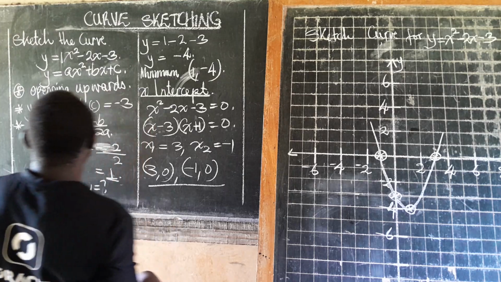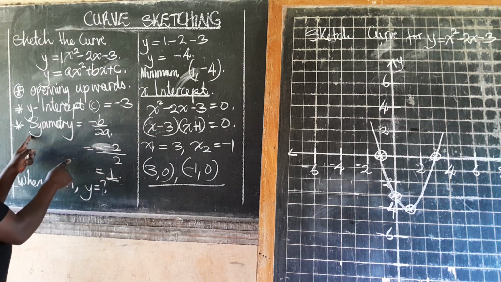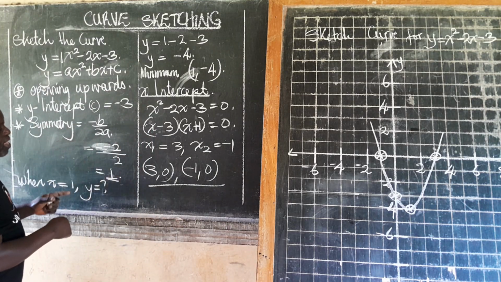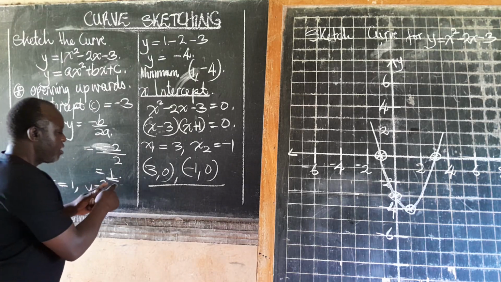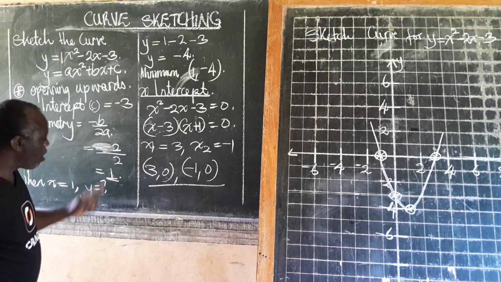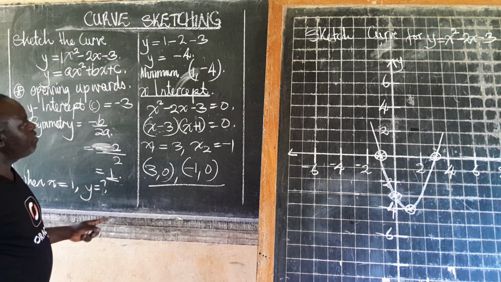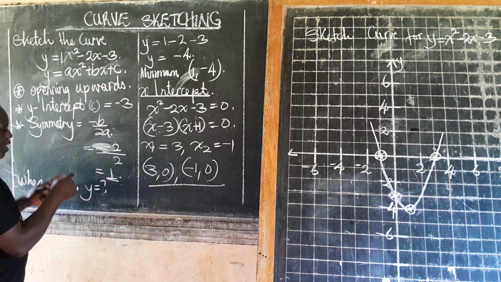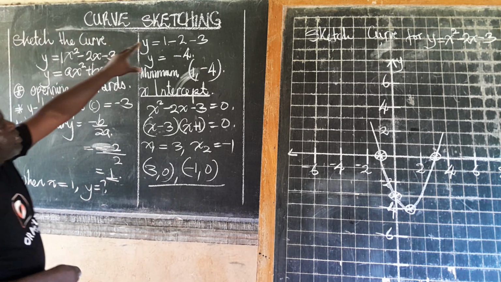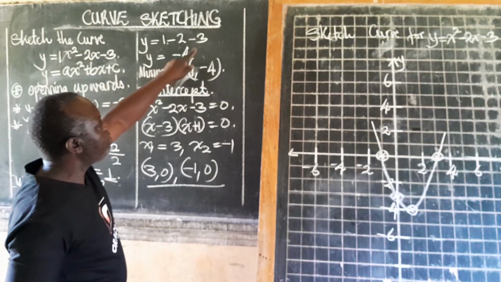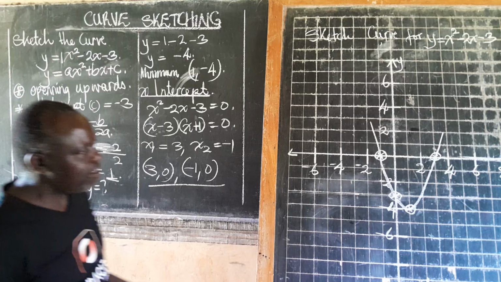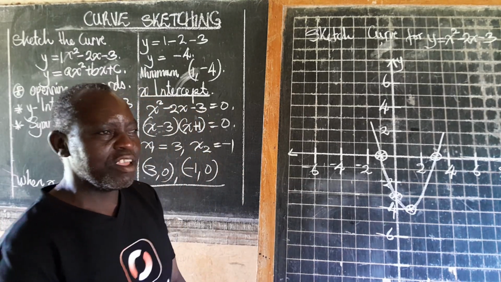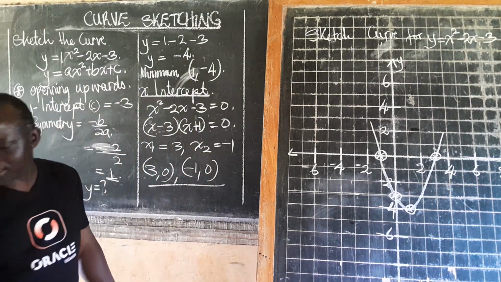Then the line of symmetry is negative b over 2a. When we substitute in here, we get x equals 1. To get the minimum value, we substitute the value of x in our equation, so the minimum point is (1, negative 4). Then the x-intercepts are okay. When we do this, we say that we have done it.